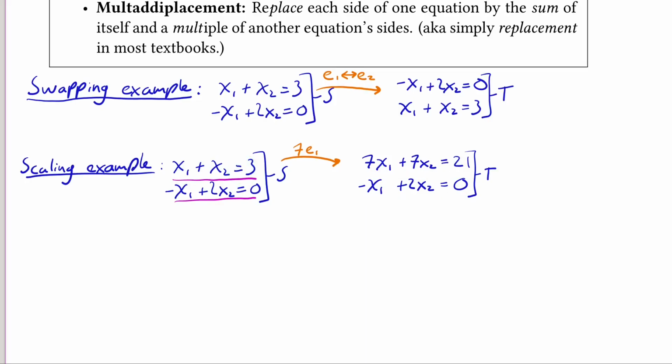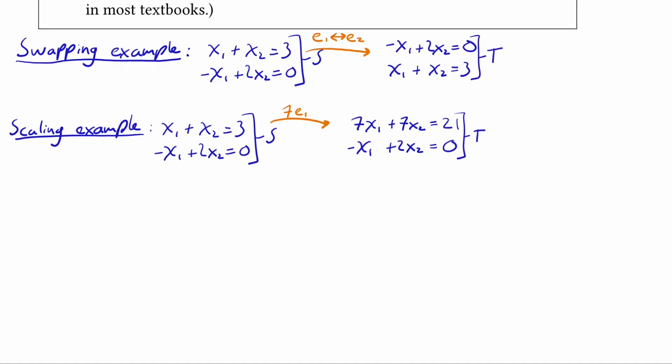It is important to know, though, that we cannot multiply it by 0. That will change the solution set. Let's see why. Multiplying the first equation by 0 on both sides gives you 0 equals 0 here. And any value of x1 and x2 will make that true. 0 is always equal to 0 no matter what.